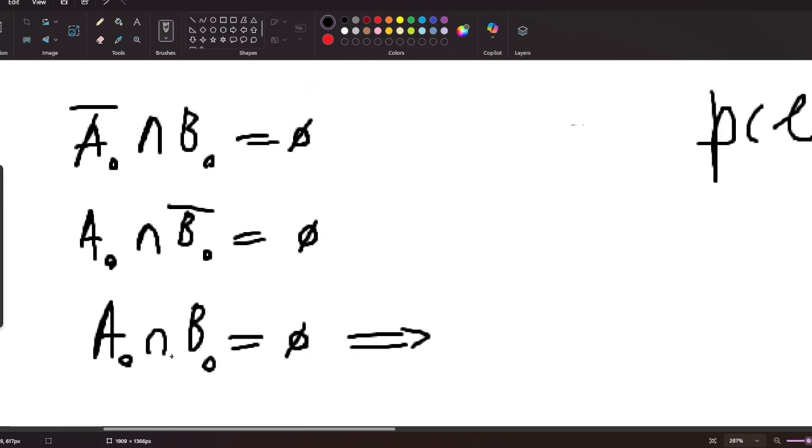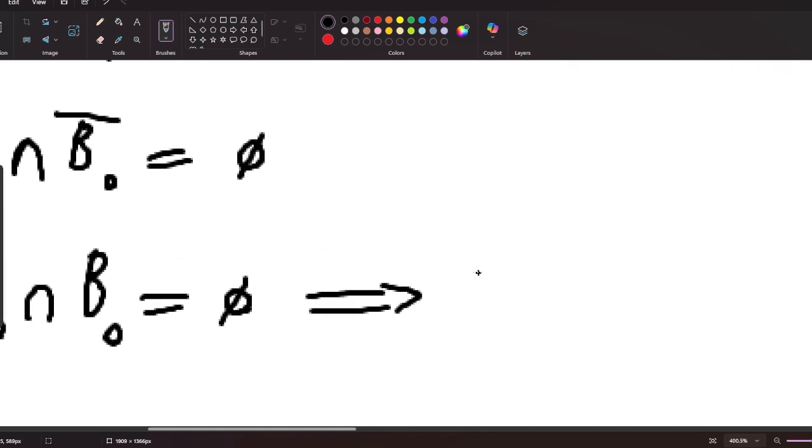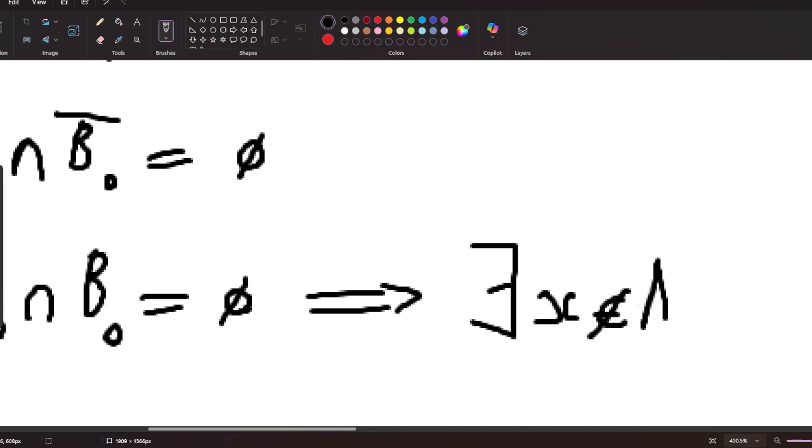Therefore, there exists an element X that does not belong to A0 or B0.